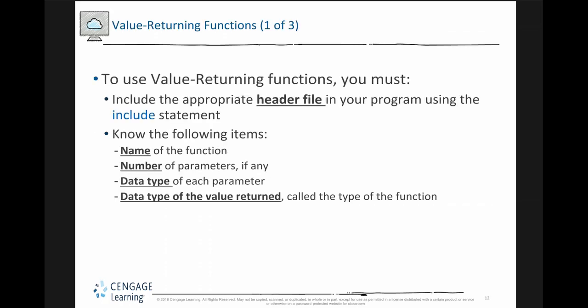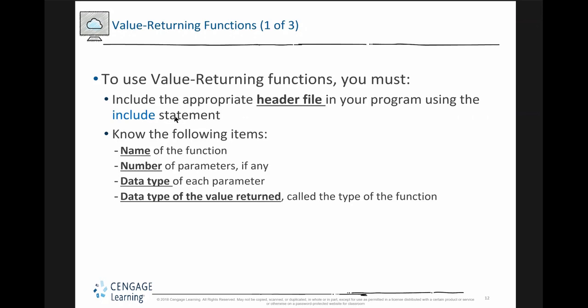If you're going to use a value returning function, you have to include the correct header file, which means an include statement will be used. So to use a value returning function, or a function that sends a value to another function, you must include the appropriate header file in your program using the include statement.